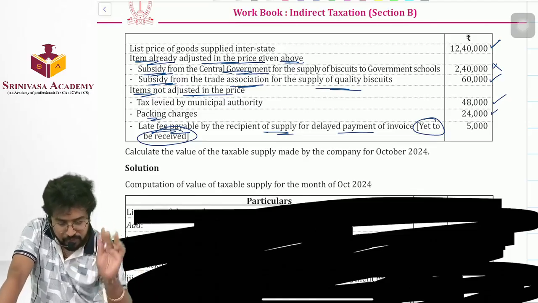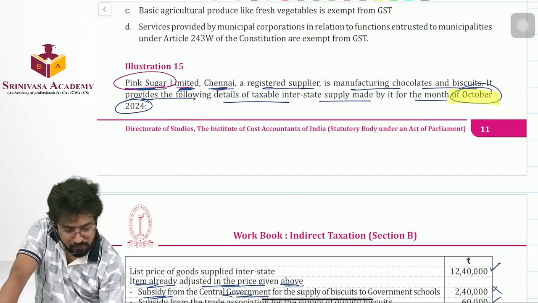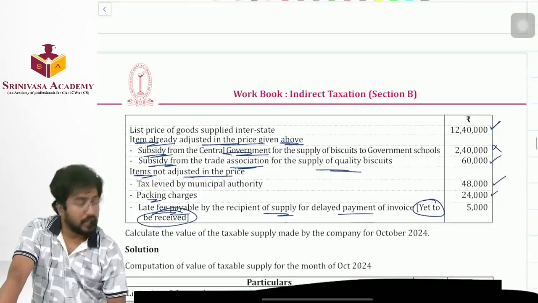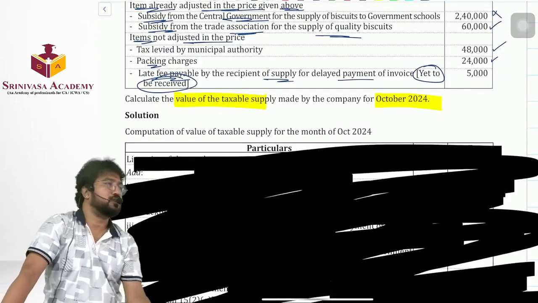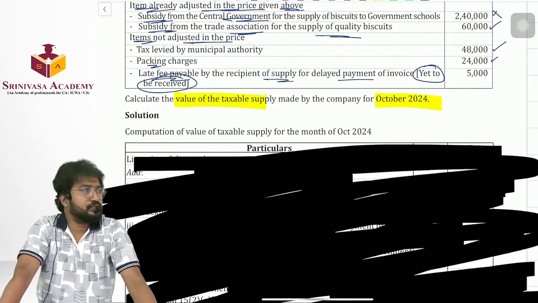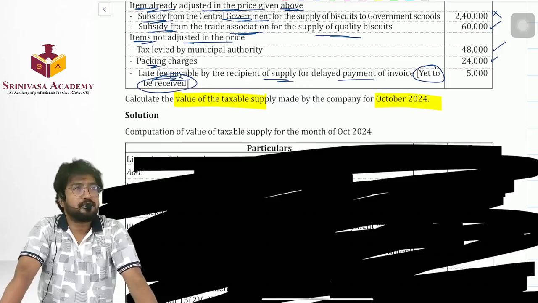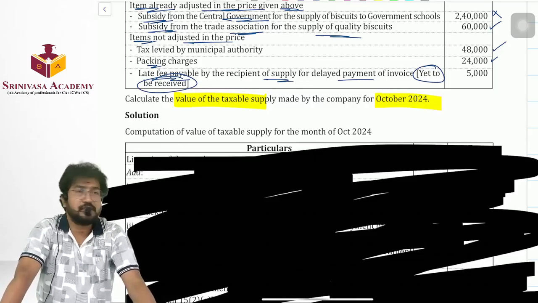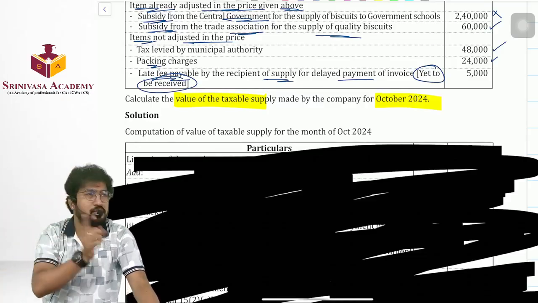Here, one point you should be very careful about: this is for the month of October, and they are asking you the value of taxable supply for the month of October. In October, you have not yet received that interest. For interest, if you remember the time of supply concept, interest for delayed payment of consideration, the time of supply is only when you receive that interest, not before that.